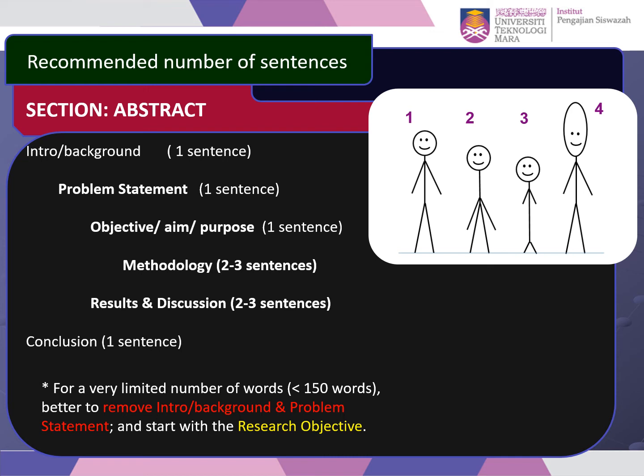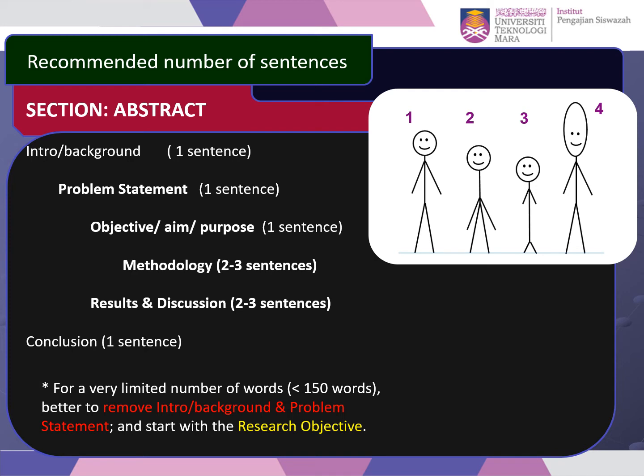If you talk too much about the problem statement, and due to the limited number of words you reduce the methodology, then your abstract will look like person number 2, with a long neck. On the other hand, if you write too much about the methodology, and then just one short sentence about the result and discussion, you might have a person of number 3.